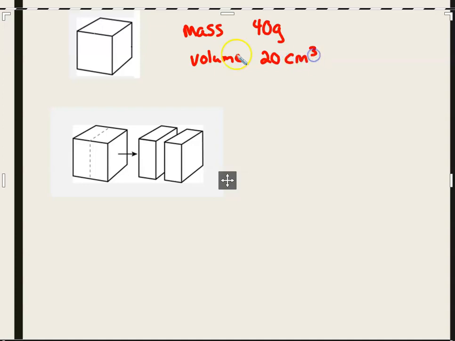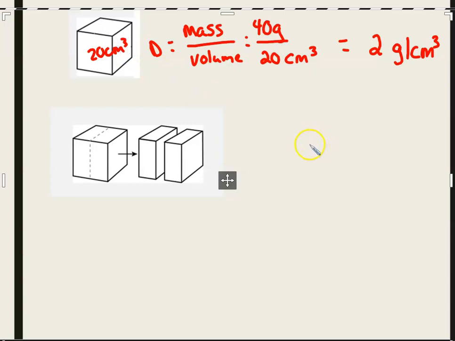And so I want to know what the density is. The density is the mass divided by the volume. So can you see that this would be 2 grams per centimeter cubed?